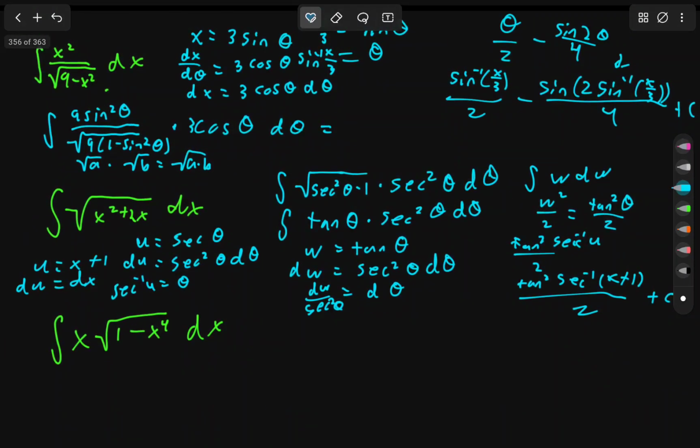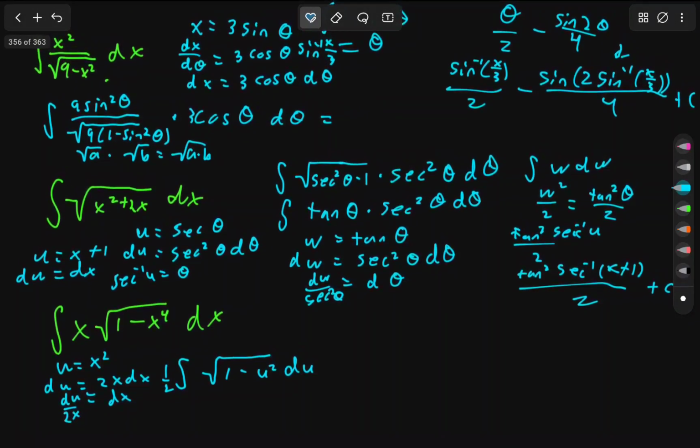Alright, for this next integral, I think you want to start out with just a plain old u substitution again. We'll set u equal to x squared. This means that our du must be equal to 2x dx. Solving for the differential dx, we get dx is equal to du over 2x. So now we get 1/2 the integral of the square root of 1 minus u squared du.